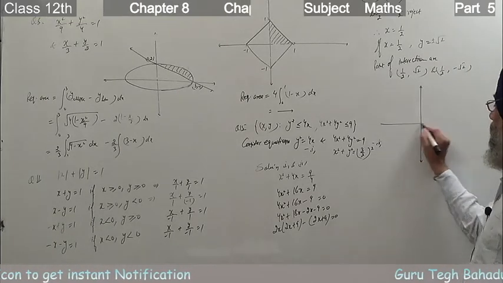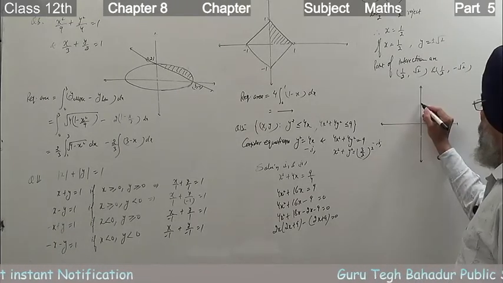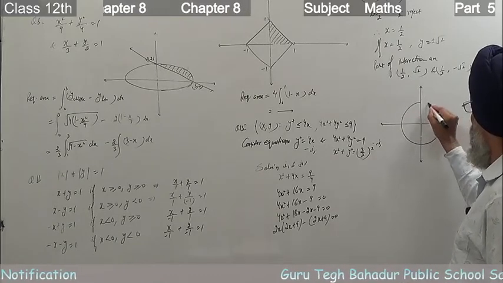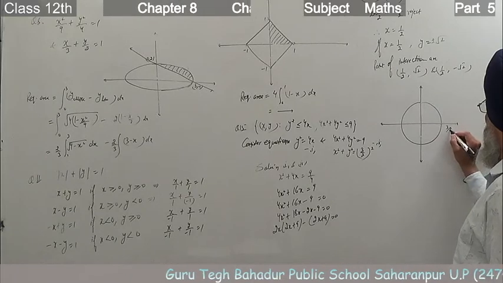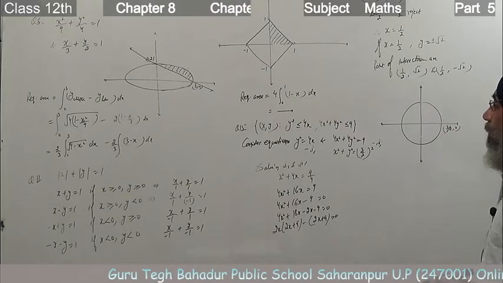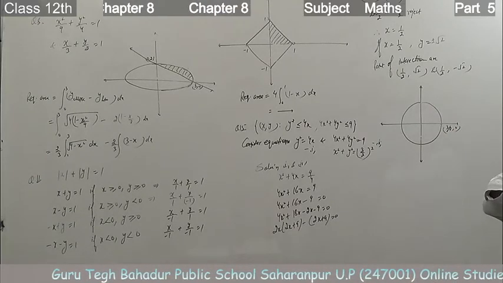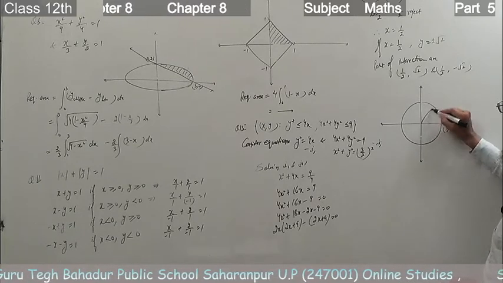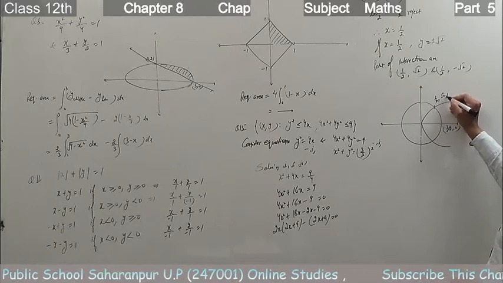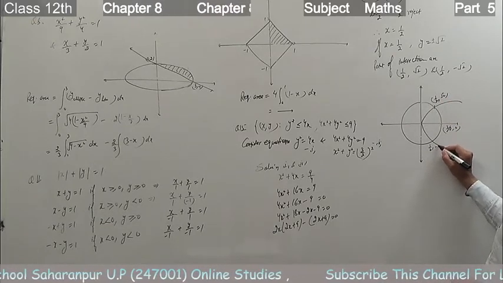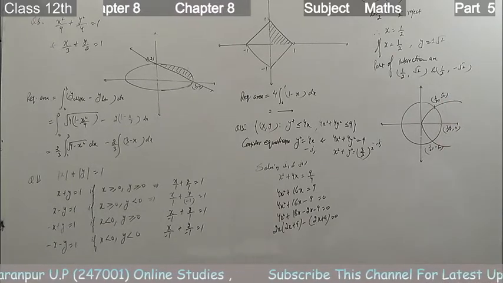The circle has its center at the origin and radius 3 by 2. Moreover, the parabola is y square equals 4x. We draw it here. The points of intersection are (half, root 2) and (half, minus root 2).